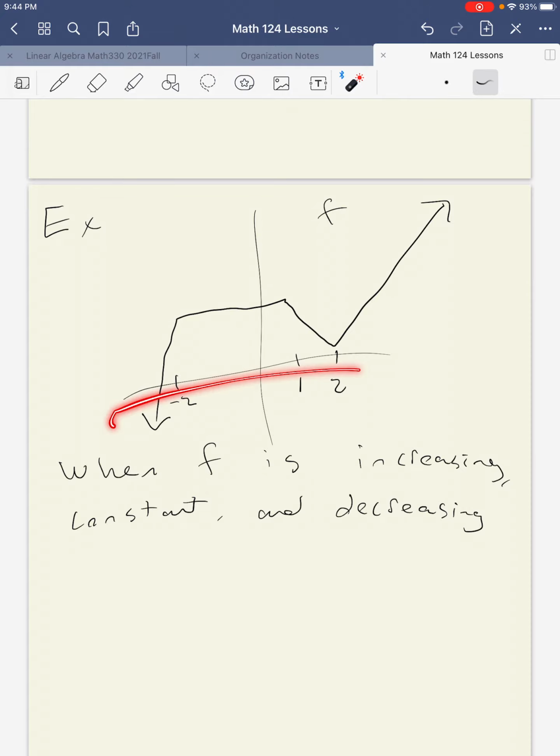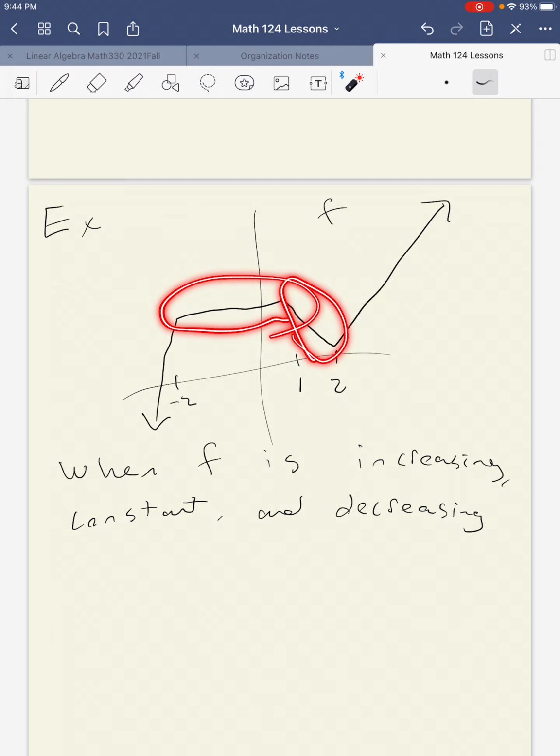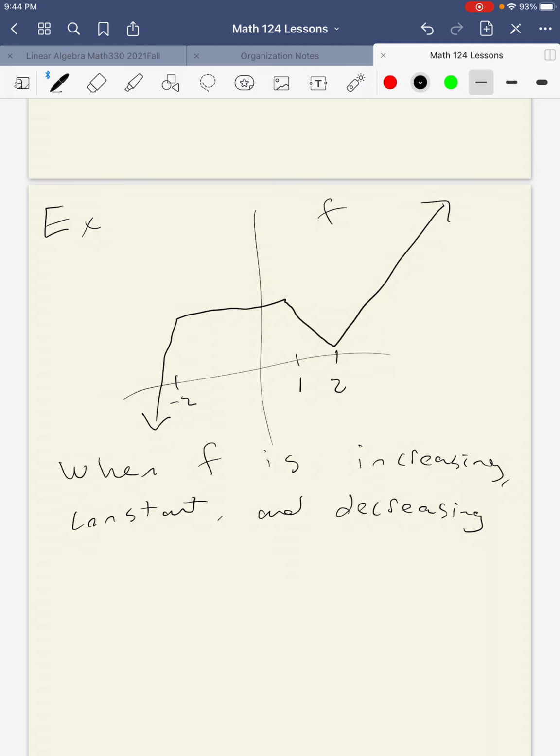Again, we read this from left to right, so we think of this as the increasing part, same way here. This is the decreasing part, that's the constant part. How we specify the location is we talk about the x values for which it's decreasing, increasing, or constant.